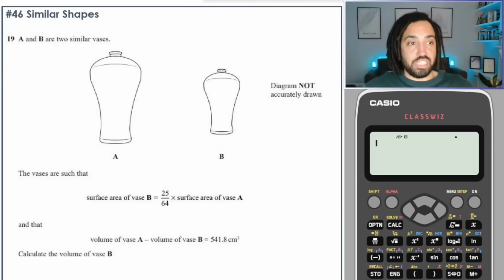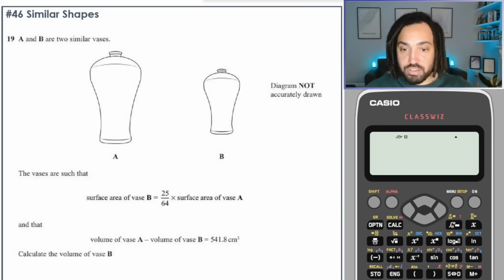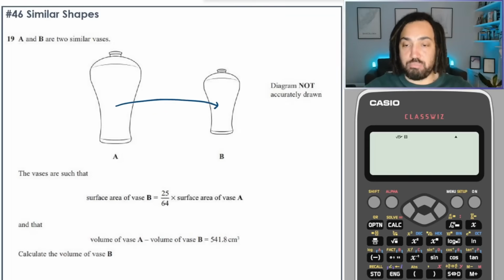Okay, 46, similar shapes. Okay, so we've got 2 vases, and the surface area of B is equal to 25 over 64 times the surface area of A. So that means if I'm starting at A and I want to get the surface area of B, then I need to multiply by 25 over 64.